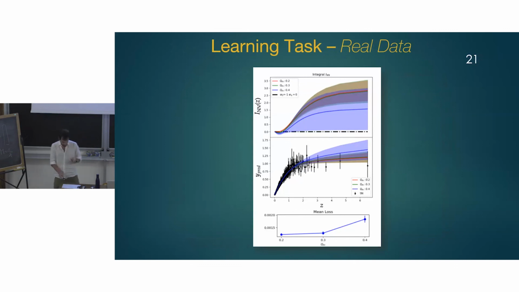I think we're not on the same page, because our simulated data, when we simulate them according to Lambda CDM, we were able to retrieve Lambda CDM perfectly. The thing is that the real data don't seem at all like the Lambda CDM model.